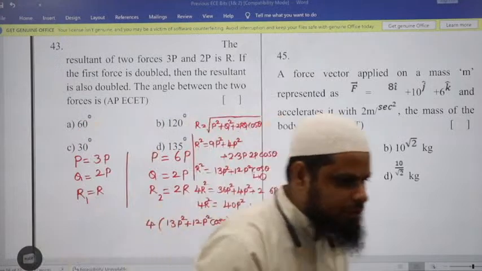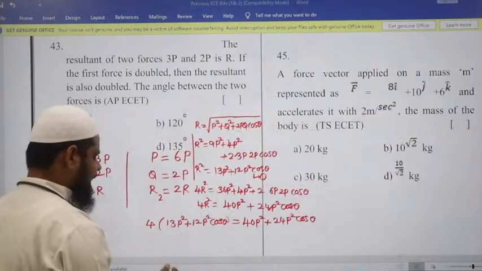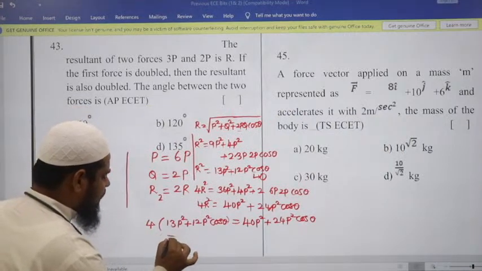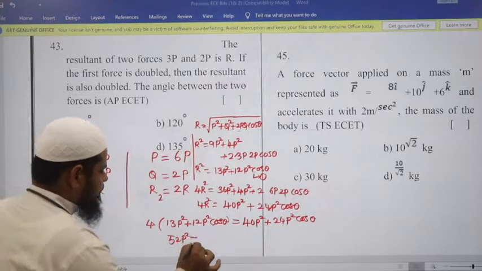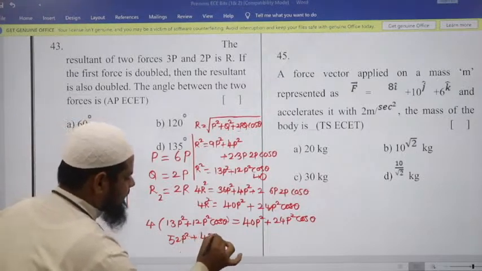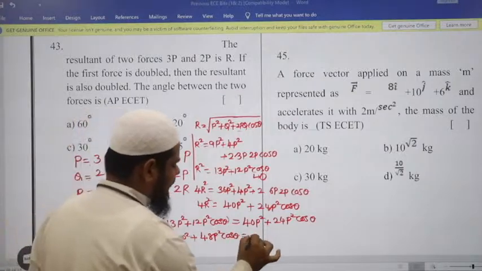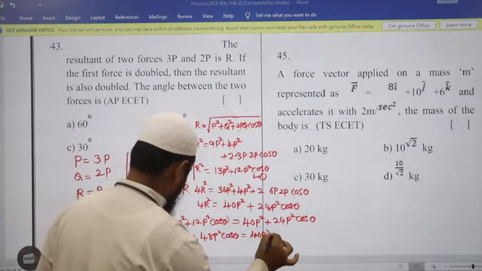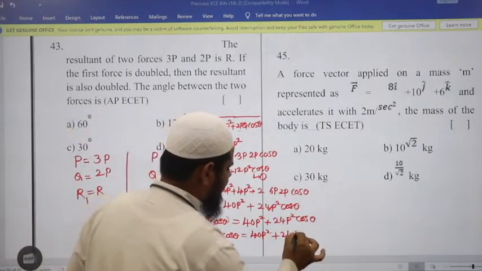Make the simplification. You will get it as 52P square plus 48P square cos theta is equal to 40P square plus 24P square cos theta.